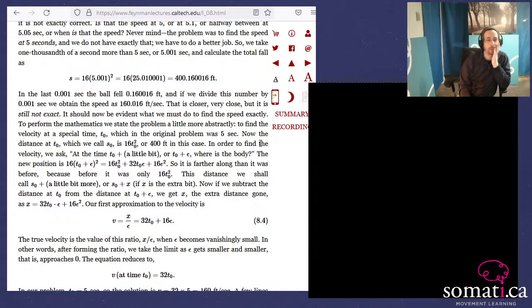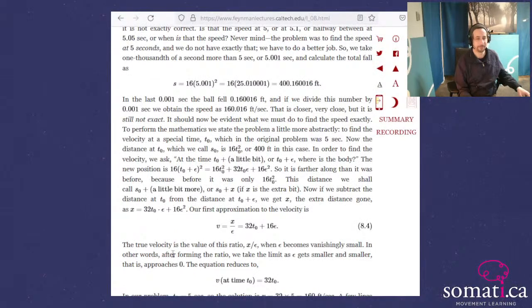okay, so to perform the mathematics, we state the problem a little more abstractly. To find the velocity at a special time, we were interested at 5 seconds, we know the distance at that point.